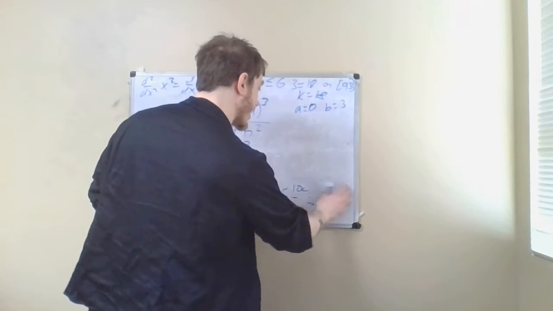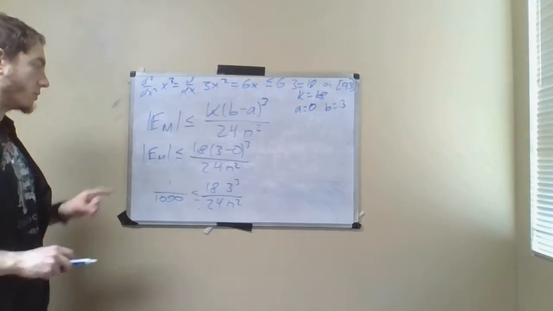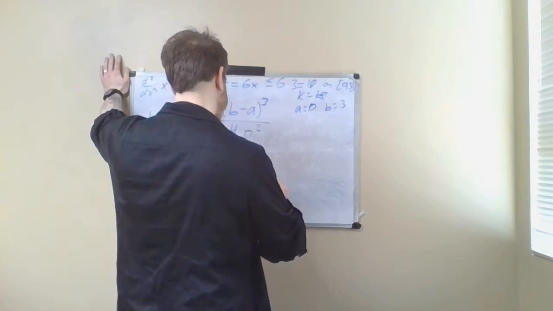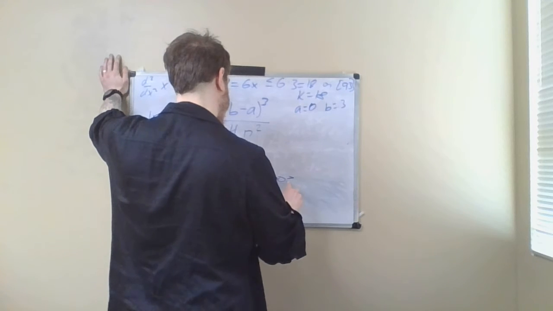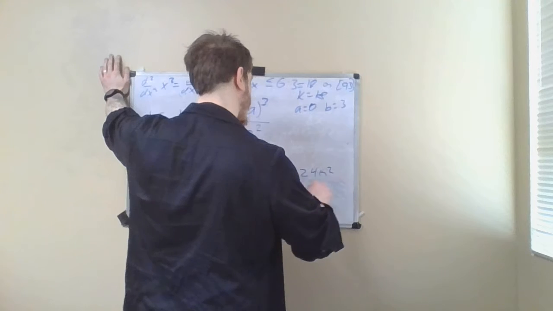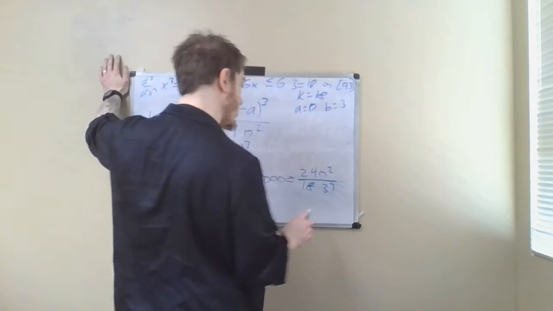Sorry, there's a better way of writing this down, because the way that I wrote it is going to make it very weird to find what we want here. If we take the reciprocals, this tells me that 1000 is greater than or equal to 24n squared divided by 18 times 3 cubed.